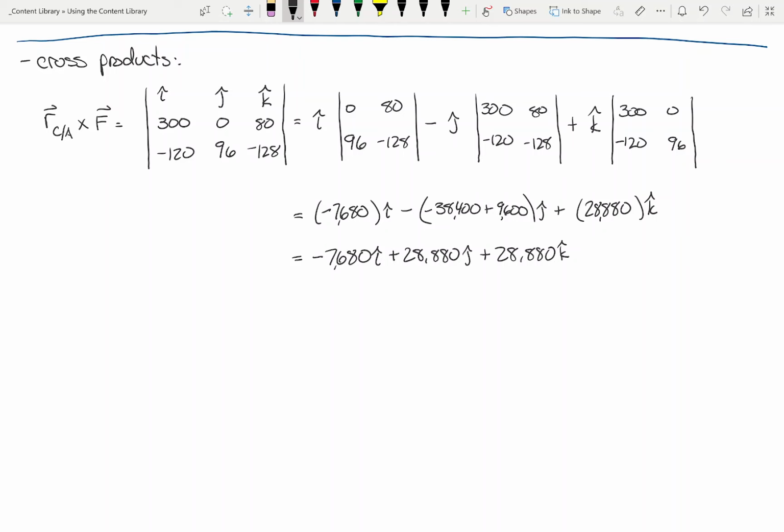So what happens now if I do the next one? What happens if I do r cross f but use the other vector? So 0.